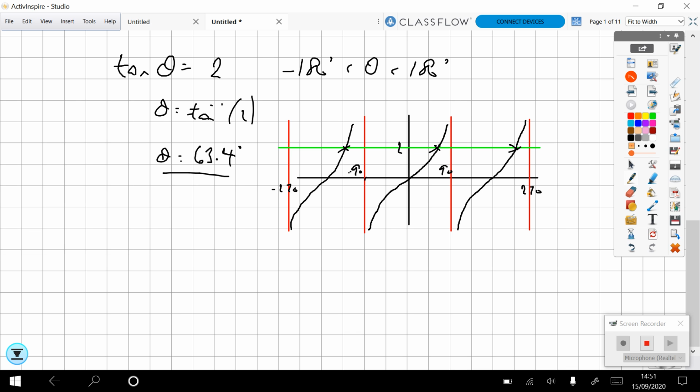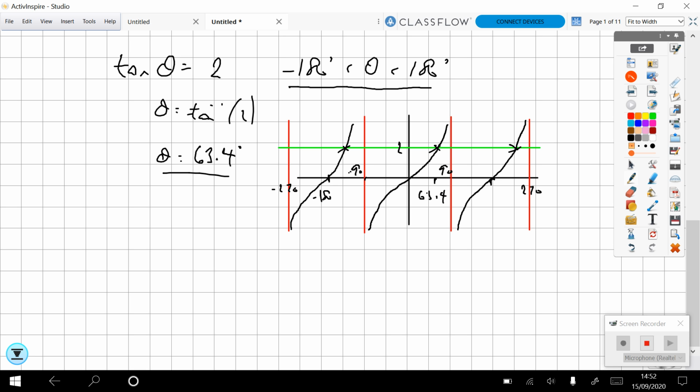This is the 63.4 degree solution here. There's another one here, but this is out beyond 180. 180 is there. This one is outside the range that we were asked to deal with. This one, however, is inside the range, so we need to look at this more carefully. There's the negative 180.